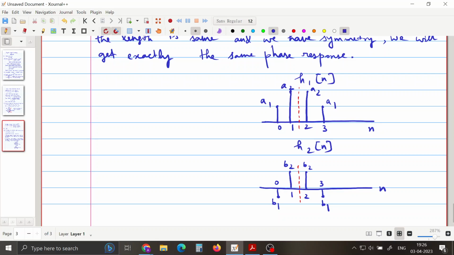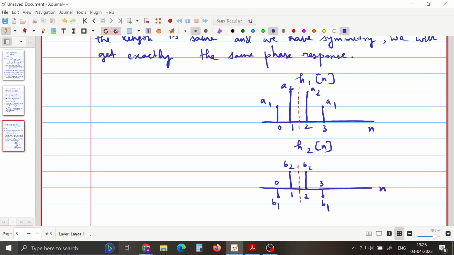So we have seen that coefficients can be different, can be random, but as long as the length is the same and as long as we have symmetry, both these filters have exactly the same phase response, which is true in our case. So both these filters will have the same phase response.